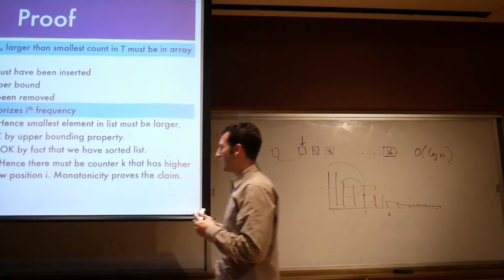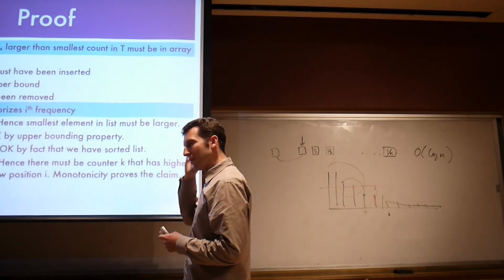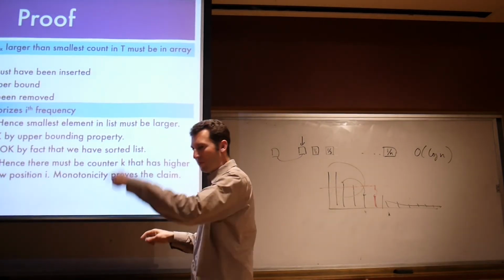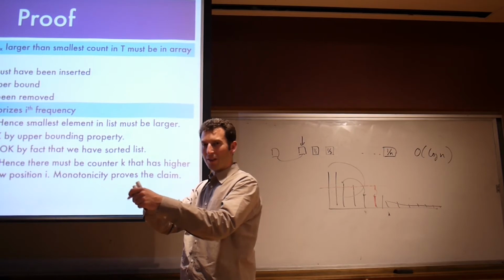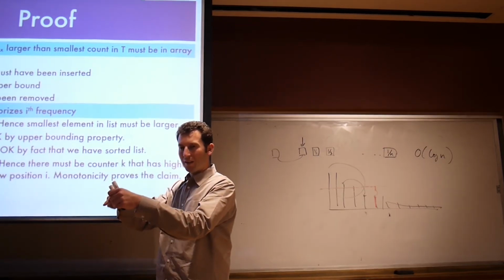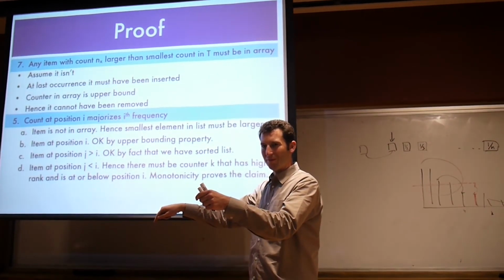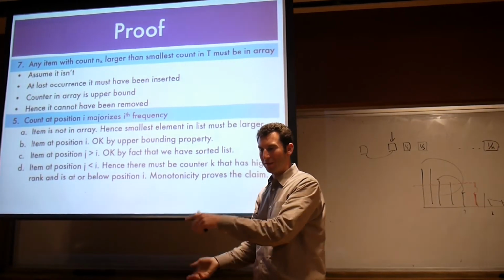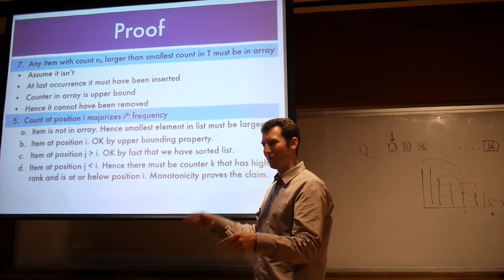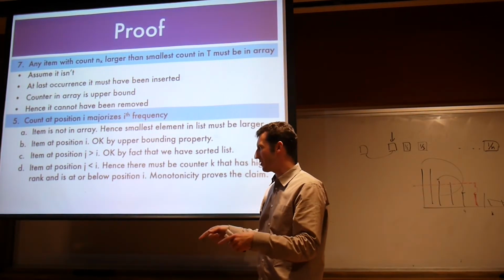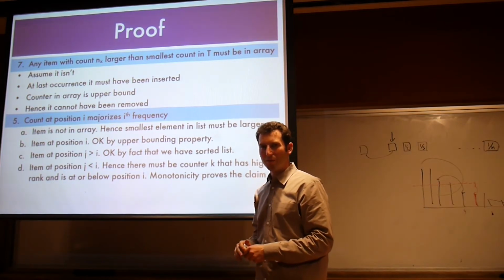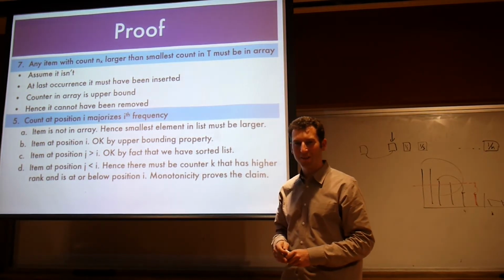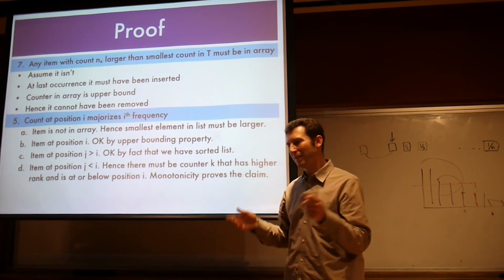Well, you get that as follows. Since it jumped forward, there must be another element that's actually higher ranking than i and is further behind. It has to be, because you can't have everybody move up, somebody has to move down as well if you reorder the list. And that guy has to be at or below position i, and since it has a higher count, we are safe.